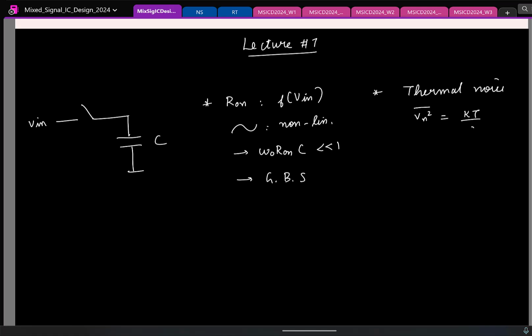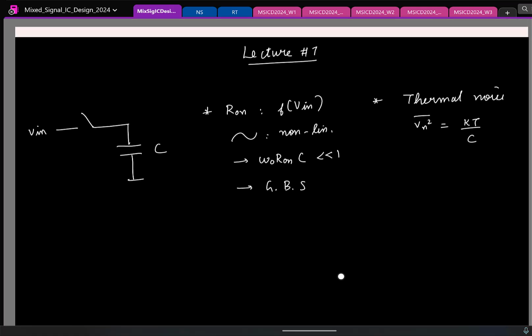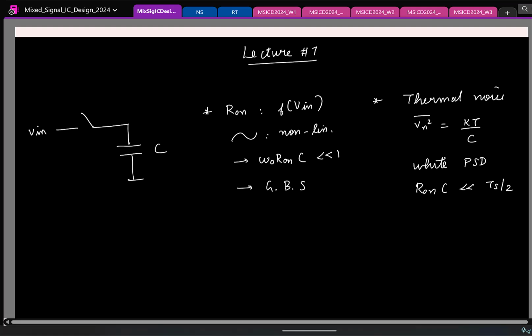We recollect it was kT by C. And can you make any comment about the power spectral density of these noise samples? It is white. Under what condition? The RC time constant is much smaller than the time for which the switch is on. So under this condition, we can say the power spectral density is flat, but this result is good even otherwise.